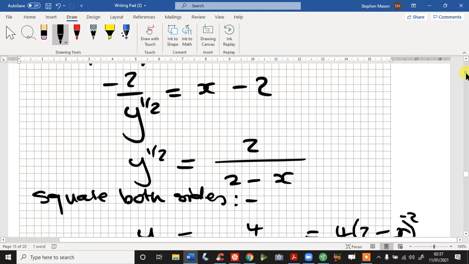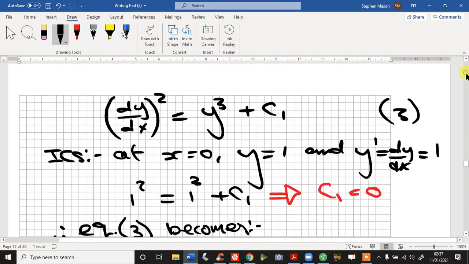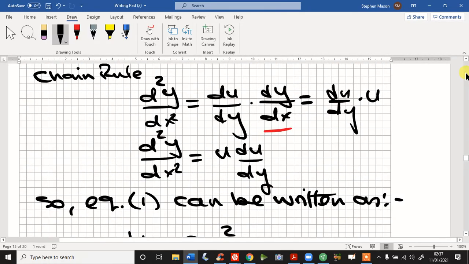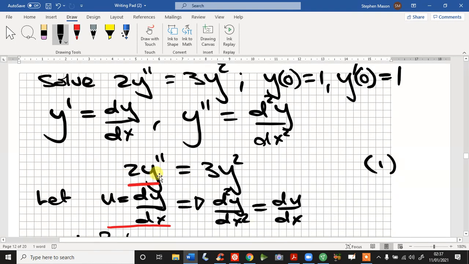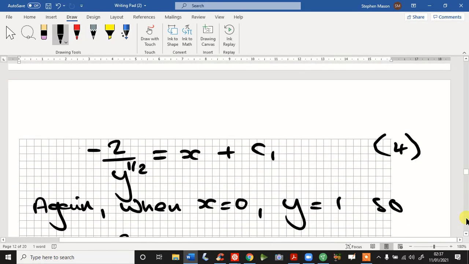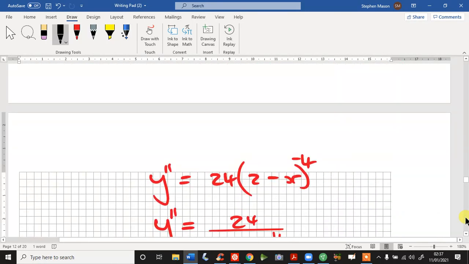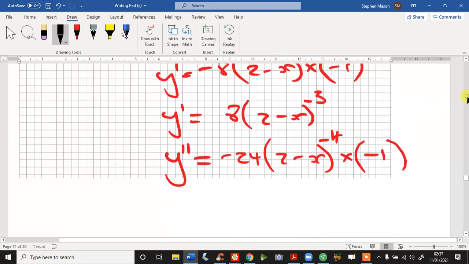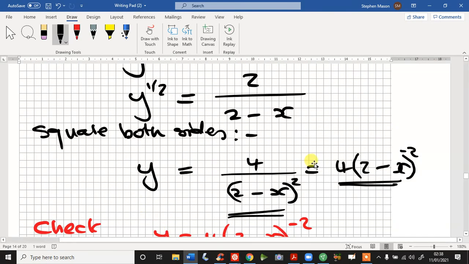That has got us right back to the original equation in equation 1, 2y double prime equals 3y squared. So we can pretty much guarantee that y equals 4 over 2 minus x all squared is a solution, at least one solution, to that original nonlinear ordinary differential equation.